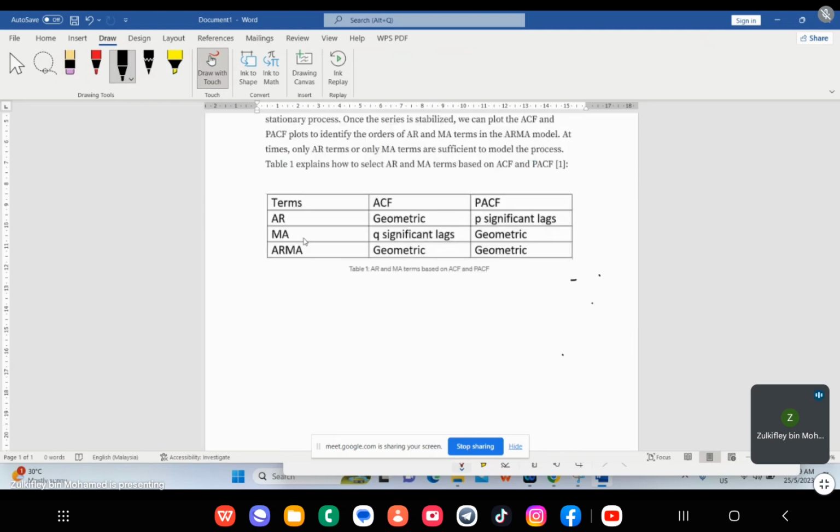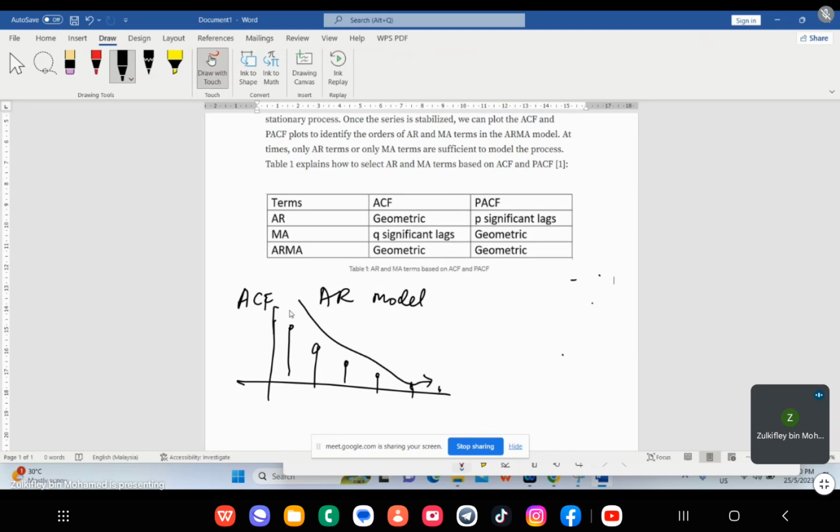Bila you plot ACF, this one talking about AR model. When you plot ACF, kita akan jumpa dia punya geometrically decreasing function. So dia begini. 1, 2, 3, 4, 5 dan seterusnya. Dia menurun ini. So plot ACF.